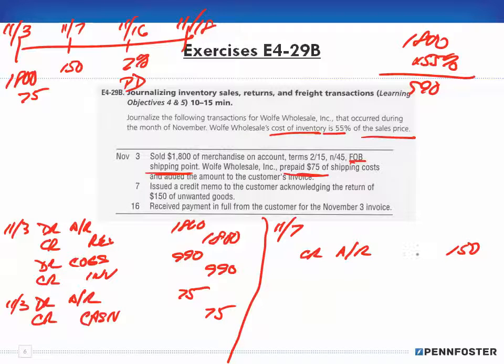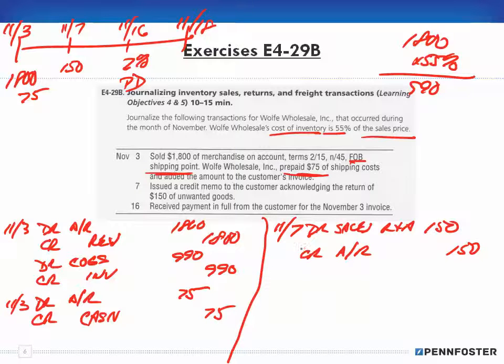Normally we would reverse the revenue account, but we're going to keep track of our discounts and our returns and allowances. So instead of using the revenue account, we're going to use its contra account, the sales returns and allowances account, for $150.